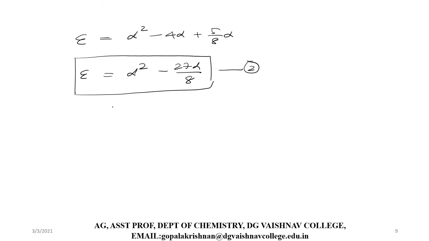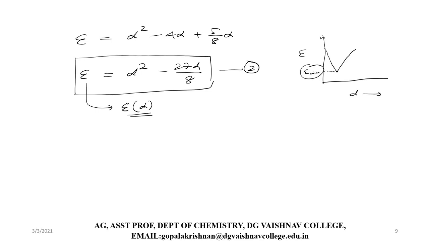Listen here, it shows that the expectation energy depends on the value of alpha. And we know very well, as the alpha value increases, the expectation energy decreases, reaches a minimum, and then increases. So how do we find the minimum expectation energy value?